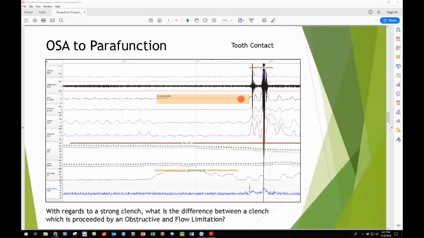And I certainly respect that view because it's very valid. The only thing that I ever say about that is that the enamel really doesn't care what caused the parafunction. It's pressure on the teeth. So at the end of the day, there's a problem that has its foot in dental and medical.